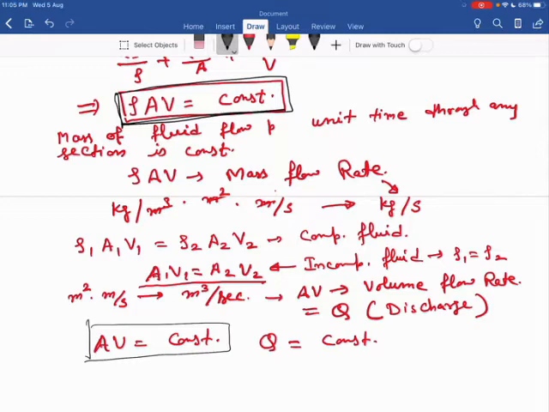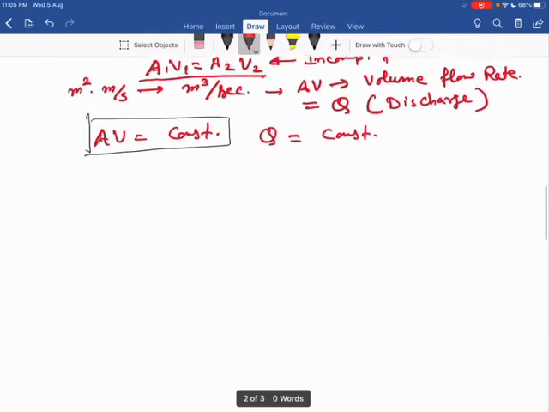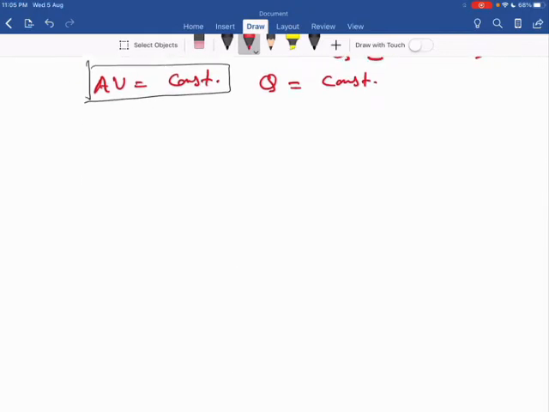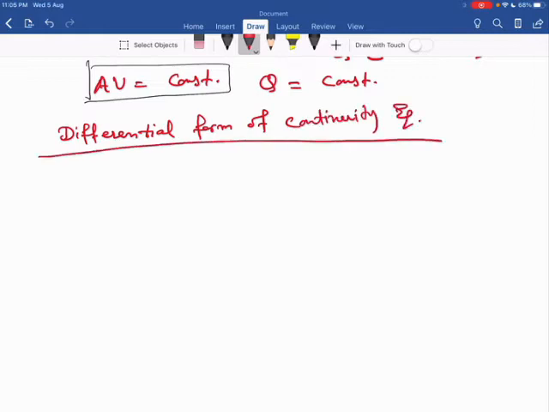Now next I try to derive the Cartesian form or the differential form of continuity equation. This is also same as the Cartesian form, means we try to derive the continuity equation along x, y and z coordinates.